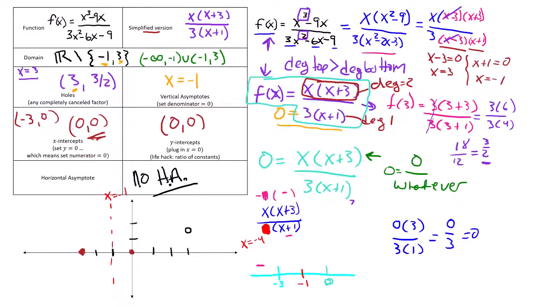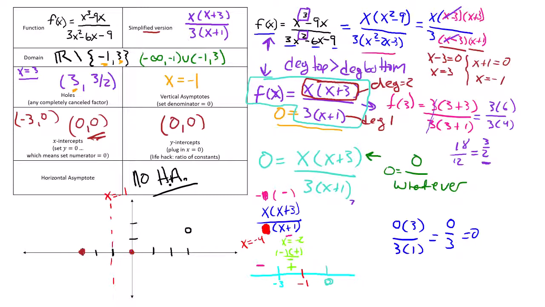If we pick some value between negative 3 and negative 1, suppose we say x is equal to negative 2, when I plug in, I'm going to get negative for x, negative 2 plus 3 is positive, and negative 2 plus 1 is negative. So on this interval, it's going to be positive.